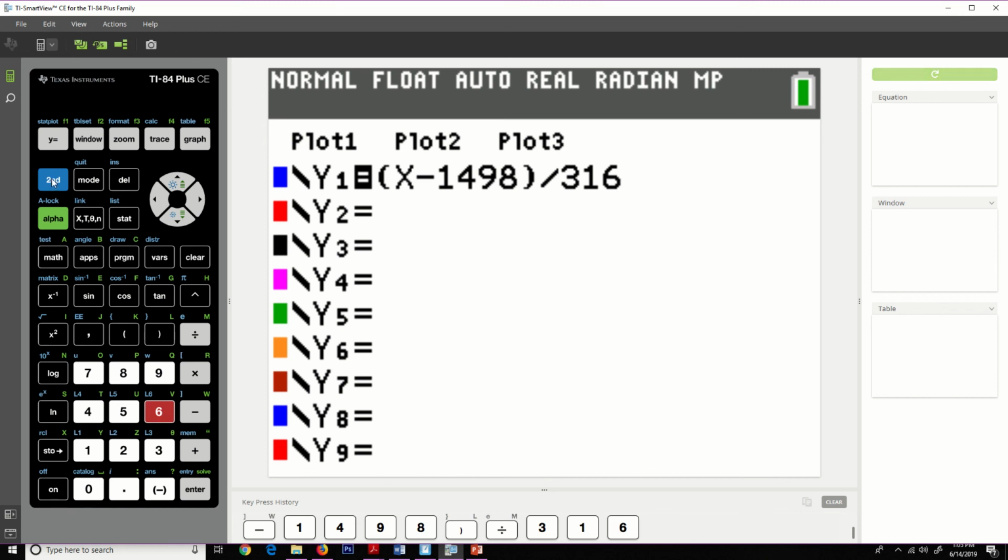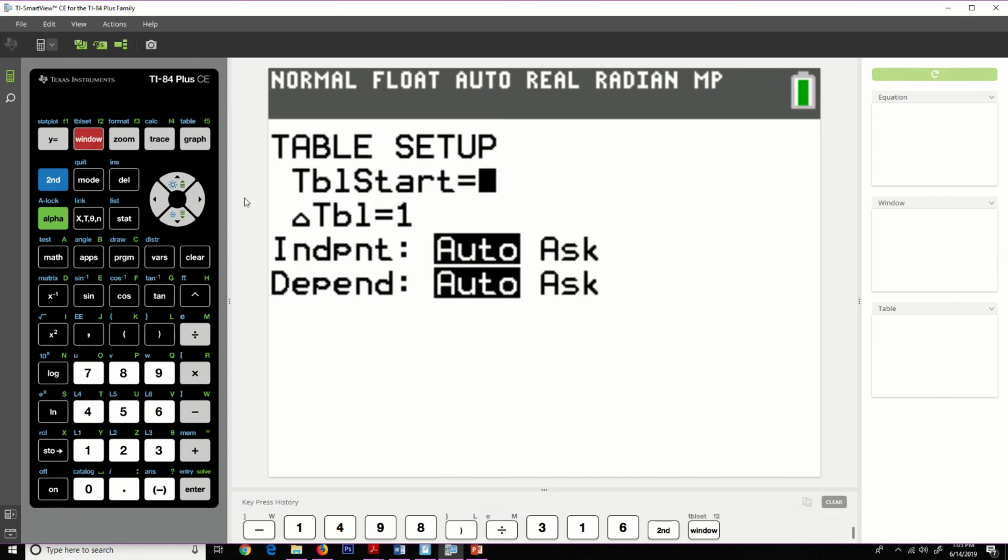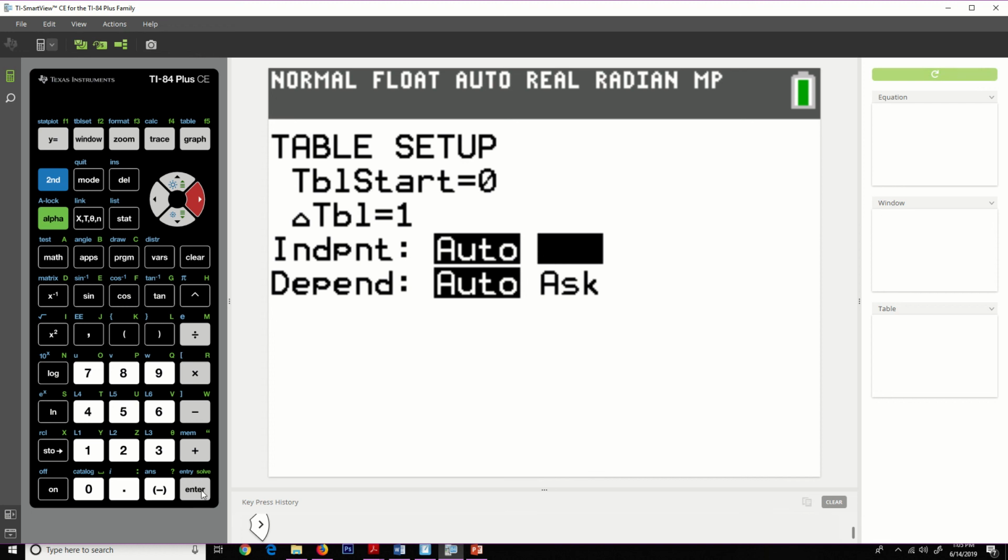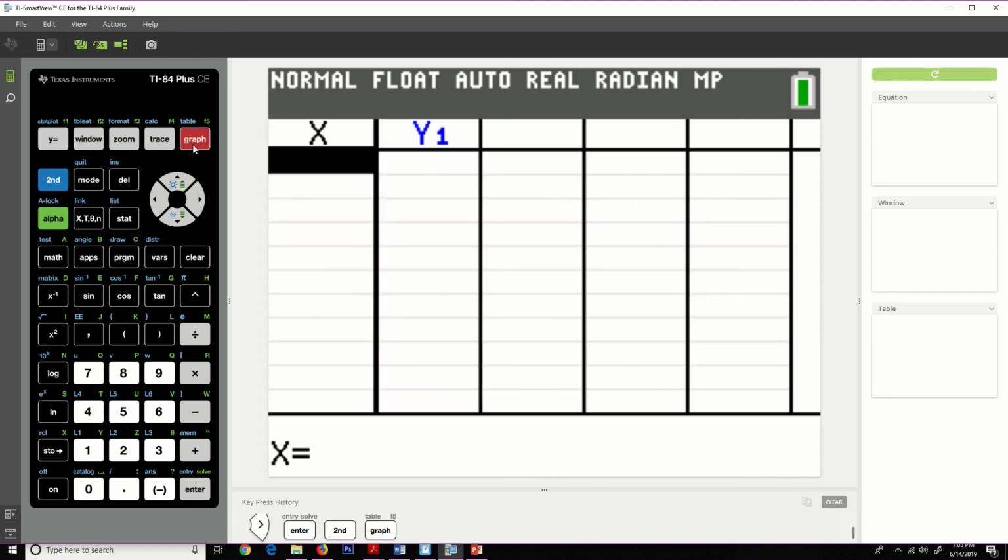And then we're going to check to make sure our table is on ask. So second, and then the window to bring up the table set. Then you arrow down, and we'll turn the independent on to ask. And then we'll go second, and then table.